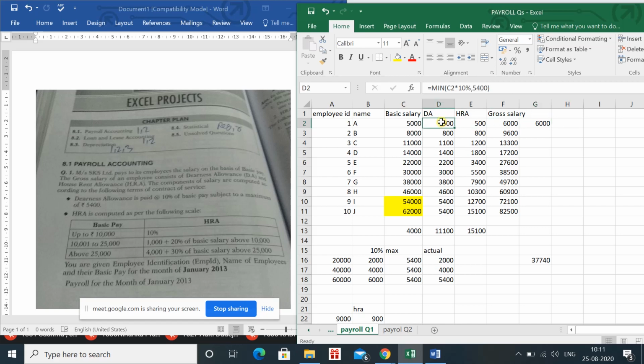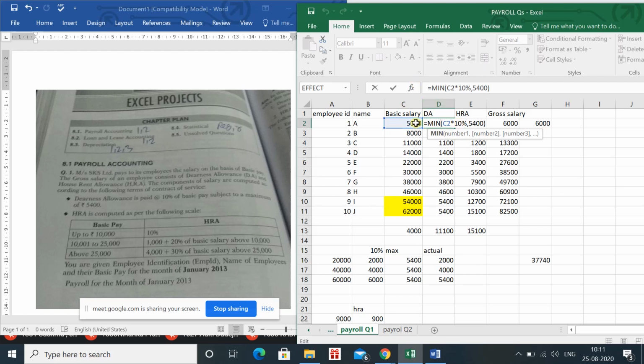Now first of all I'm moving to the HRA, oh sorry DA. DA का formula simple है. We are saying we want minimum of what? We want minimum of 10% of basic salary or 5400. So we want minimum of these two values, 5400 and 10% of C2.